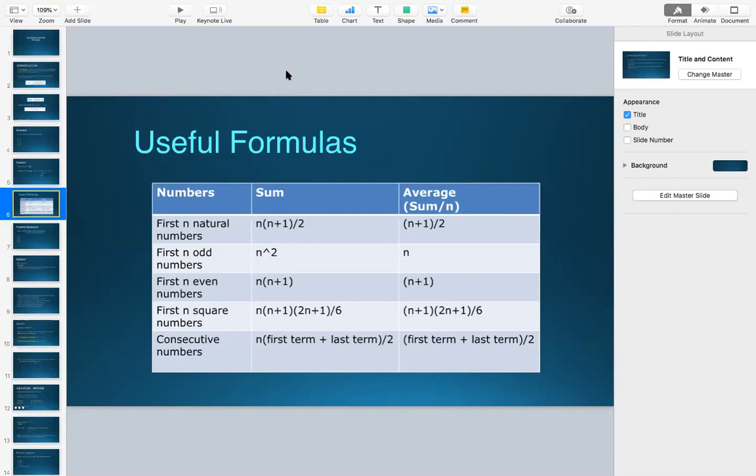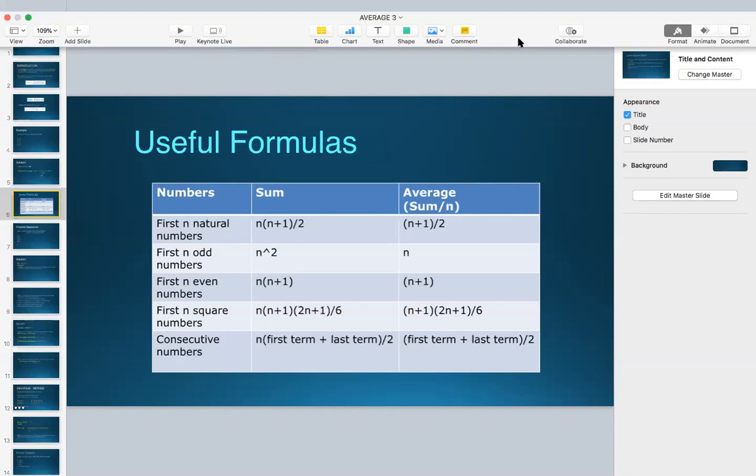This keeps on going till where? What is the last term? The last term is the 100th multiple of 7, which is 700, right? So the series starts from 7, goes 7, 14, 21, 28, 35, and so on, till 700.